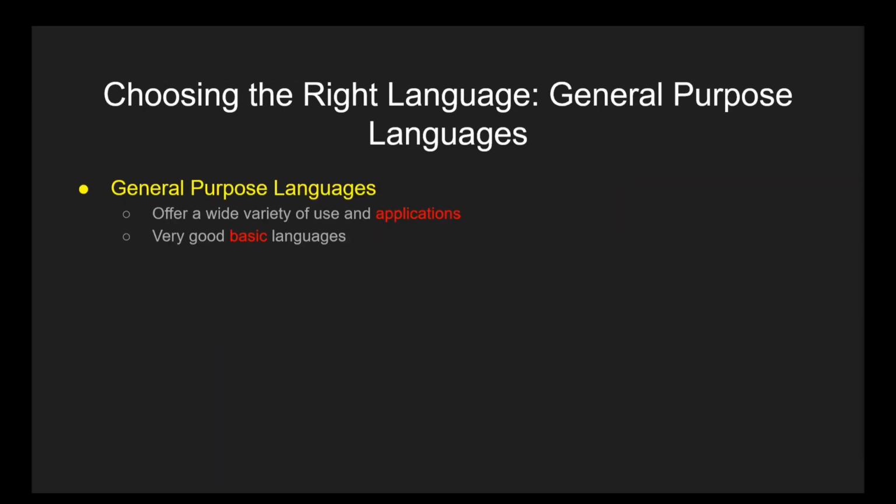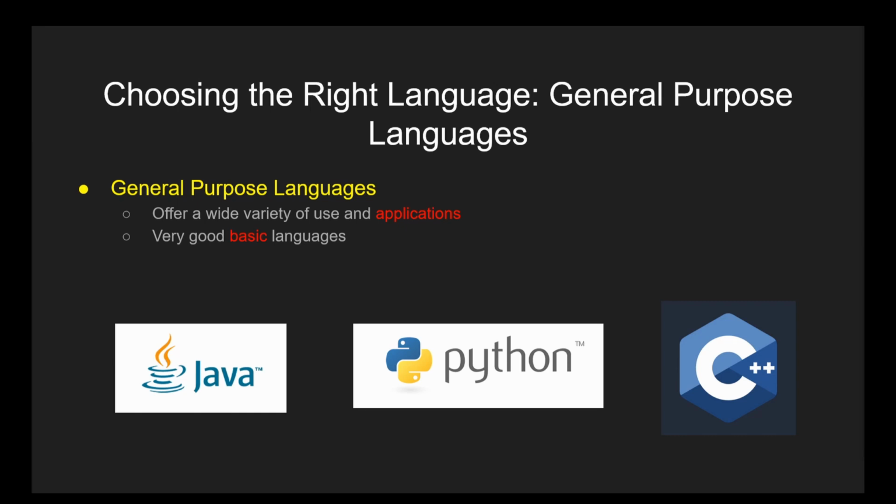If you just want to make general purpose programs, you should probably use a general purpose language. General purpose languages, as they sound, have a wide range of applications. Usually, this should be your go-to language. Examples of general purpose languages are Java, C++, and Python.